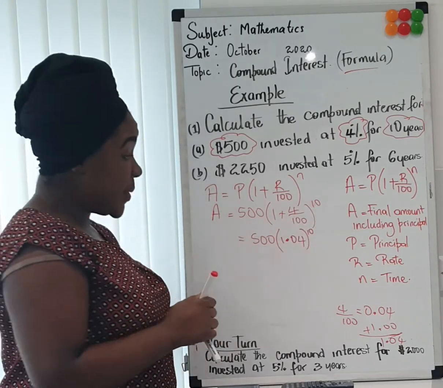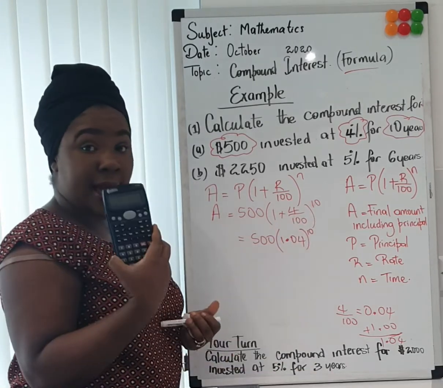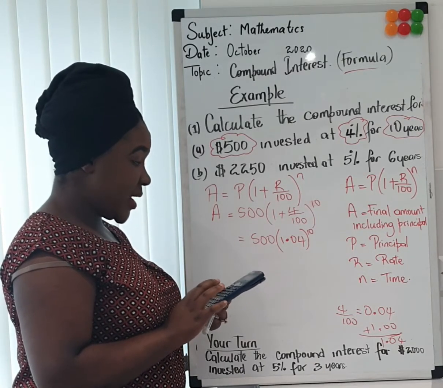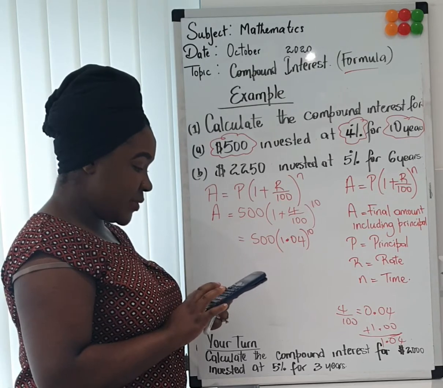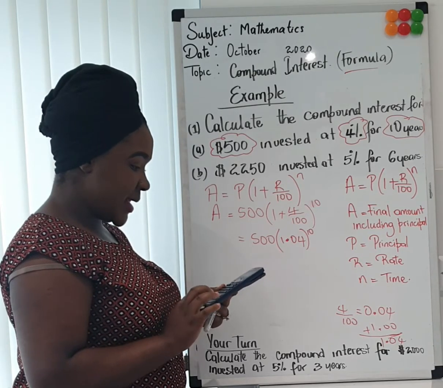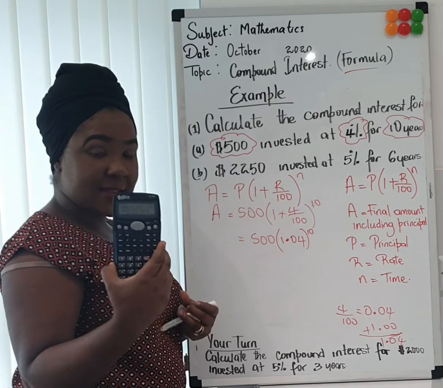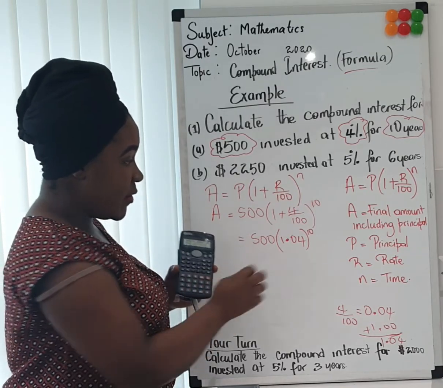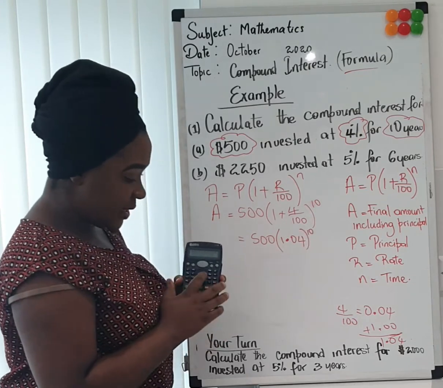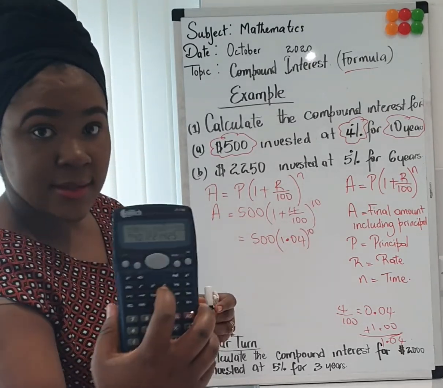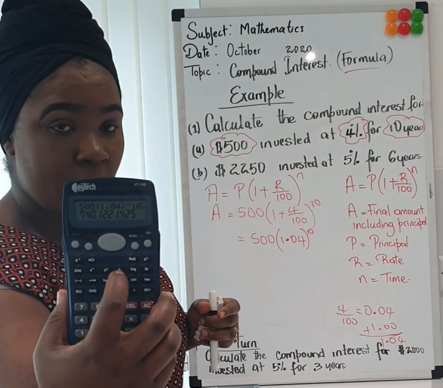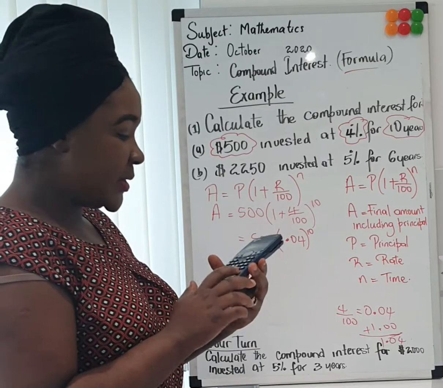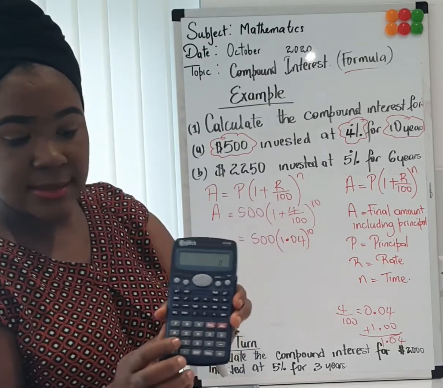For this part now, you're definitely going to need a calculator. On your calculator, write 500, open bracket 1.04, close bracket, raised to the 10, and you get your answer. You're putting in exactly what you see. For the raised to the 10 power, there's an up arrow on your calculator. You press that, and that gives you the raised to. So let me put it in again so you could maybe see it.